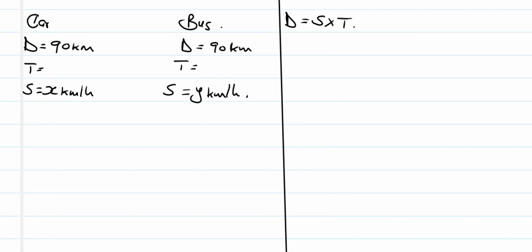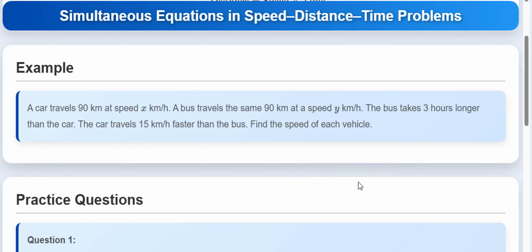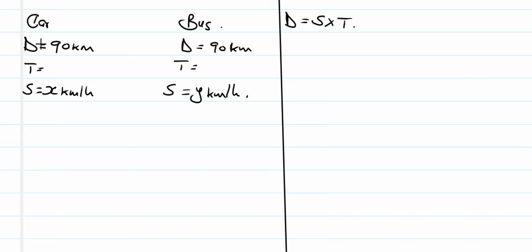And then we don't know the time of any of them because we are not given the exact time here. But since I have the distance and the speed, and I have this formula where distance is equal to speed multiplied by time, then I can say time is given by distance over speed. And I already have the distance, I already have the speed.